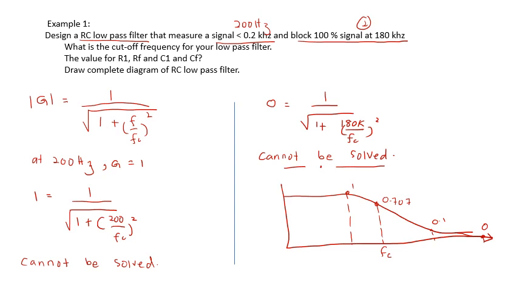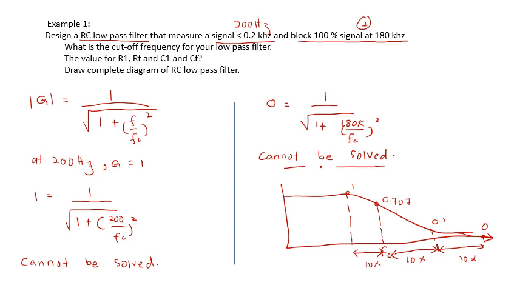From fc to here it is 10 times. From here to here it is also 10 times, and from here to here it is also 10 times.